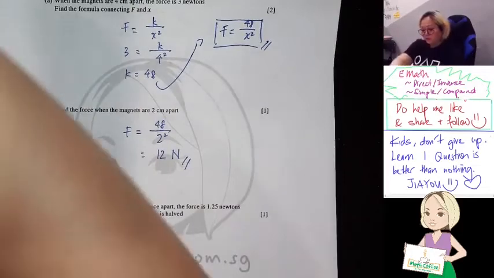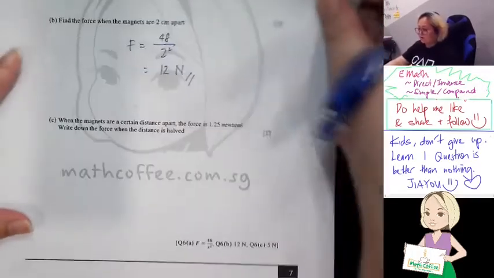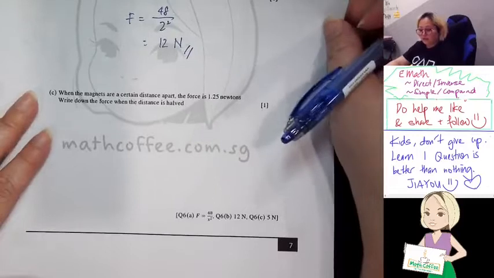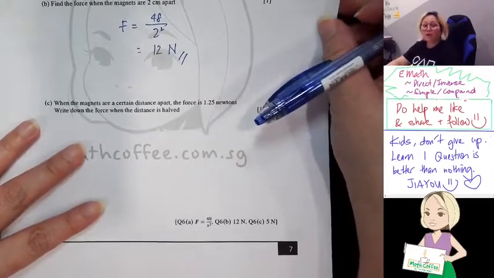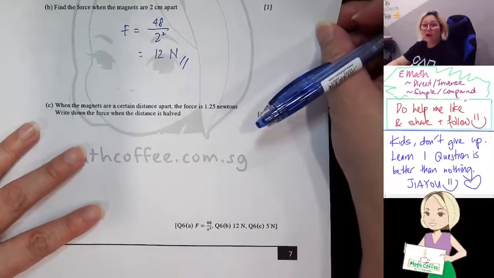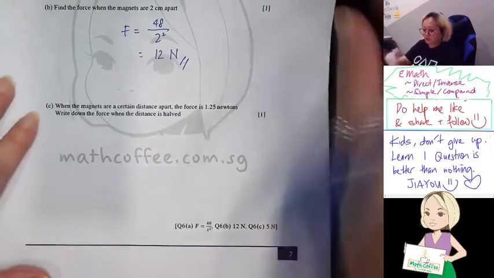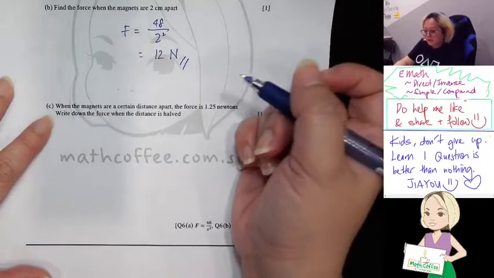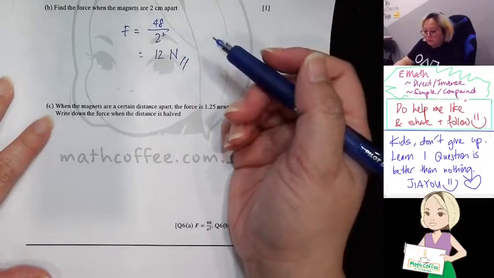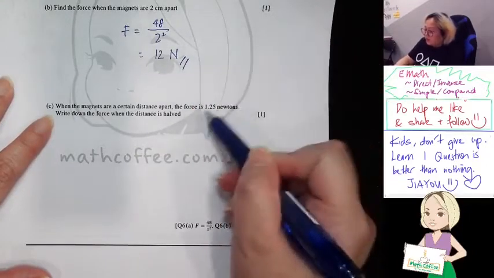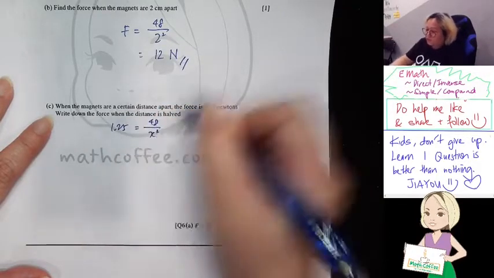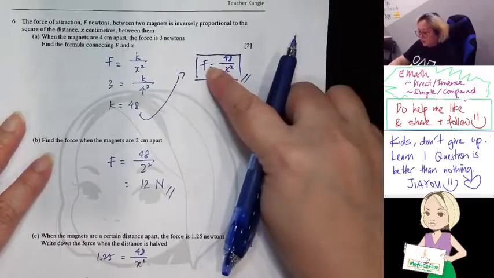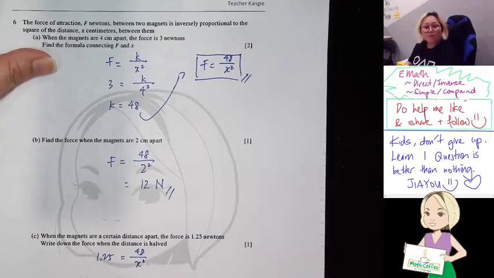Next. Okay, part C seems very confusing, but just now we have mentioned that we have done this previously. Just need to replace your new x to become half x. But take note that this is inverse, so slightly different. They tell me that the force is 1.25, equal to 48 over x squared, so I just used this and replaced the F to become 1.25.